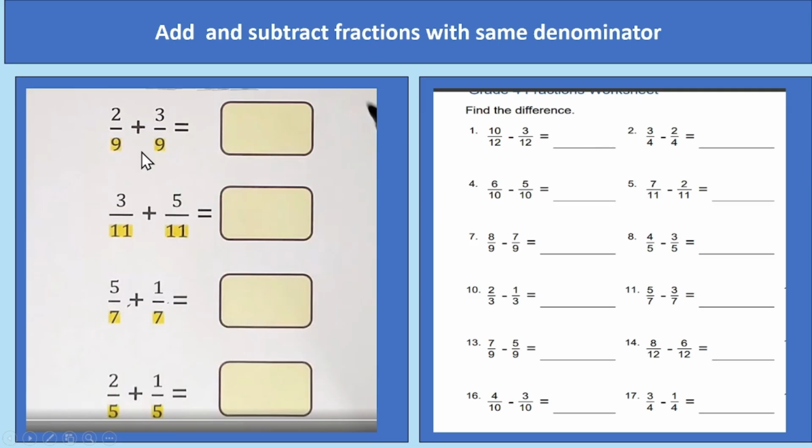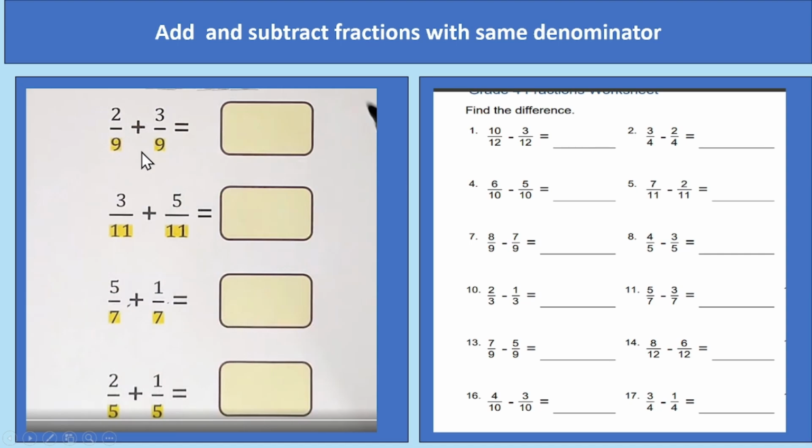Now, when we add or subtract fractions, what can we do? First, we determine together the type of fraction. Today we will add and subtract fractions with the same denominator. We have the same denominator in this problem: 2 ninths plus 3 ninths.